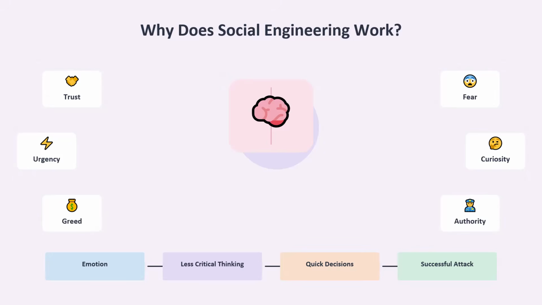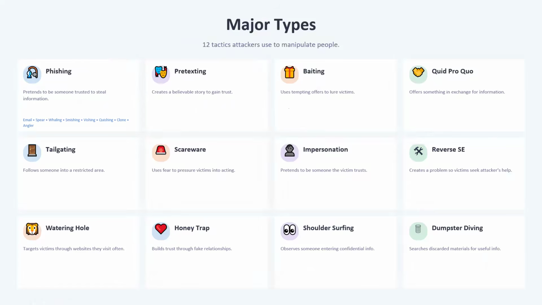Basically, they're just exploiting your emotions, such as trust, urgency, greed, fear, or curiosity, or a pressure of, oh, you gotta do it right now. So the emotions take over, and the critical thinking part of the brain often takes a backseat. That's why attackers rely on those to get the actions done.